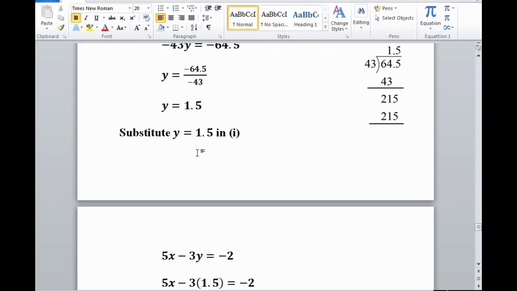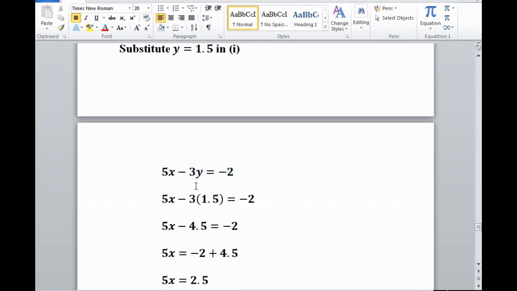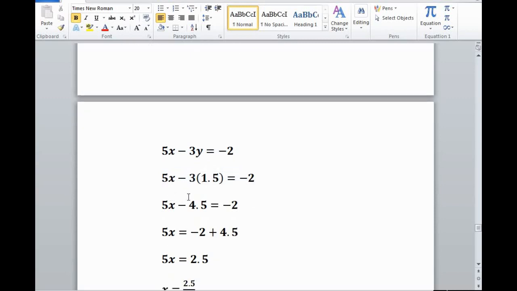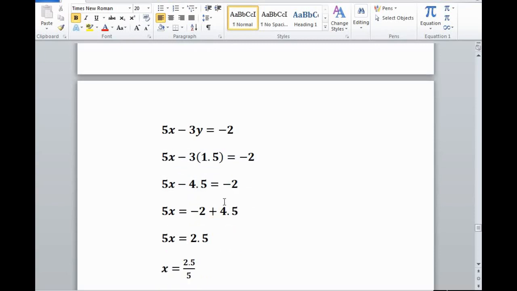It's your choice. So now equation 2 is 5x minus 3y equals negative 2, and y is 1.5, so this equation becomes 5x minus 3 into 1.5 equals negative 2. And now 3 multiplied by negative 3 multiplied by 1.5 is negative 4.5, and in the next step I'm going to take this negative 4.5 from left to the right side. So this equation becomes 5x equals negative 2 plus 4.5.